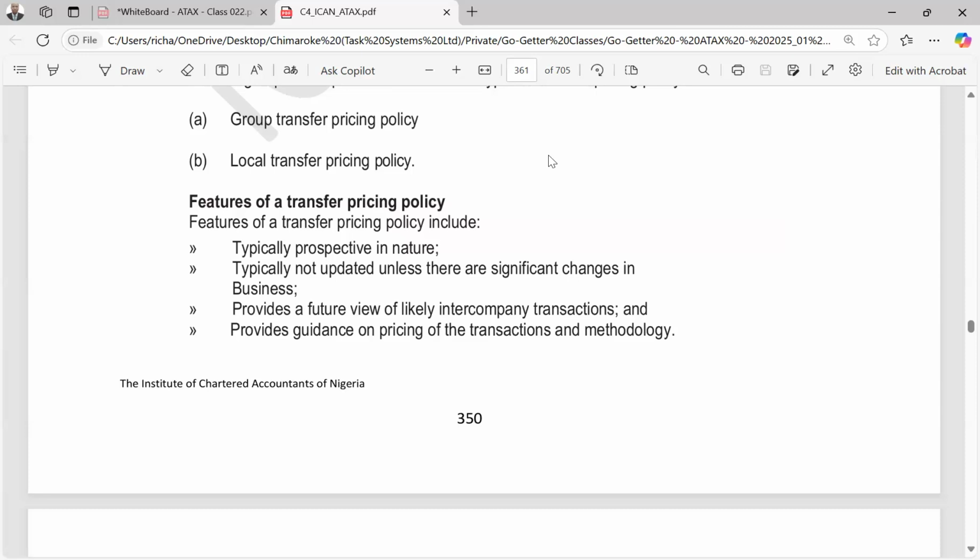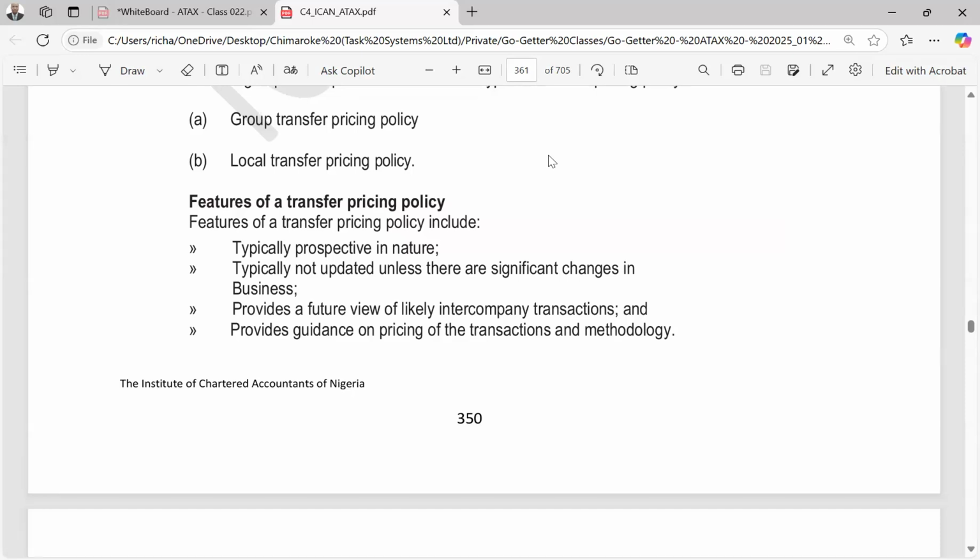So it's not talking about the past, it's talking about the future. It's typically not updated until there is a significant change in the business, and it provides a future view of likely intercompany transactions.